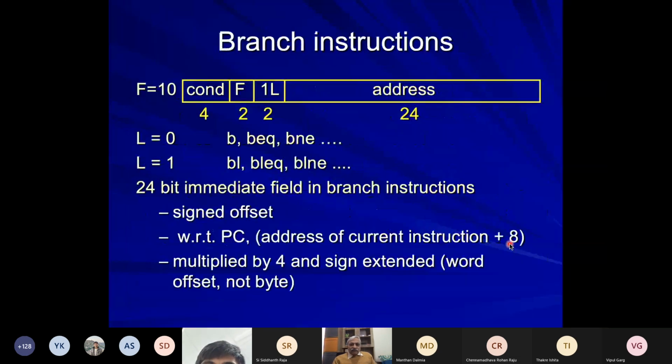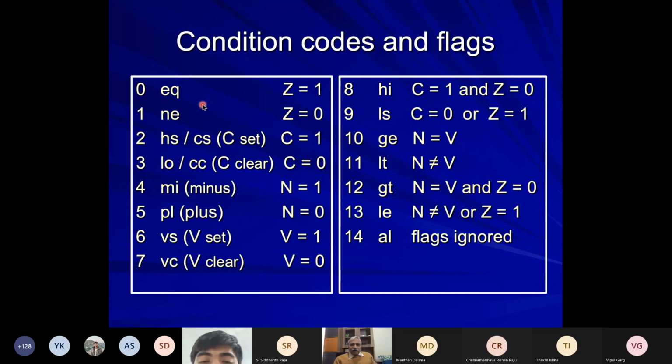Now, all these branch instructions with different condition suffixes, BEQ, BNE, etc., are distinguished by the condition field. It's a 4-bit field, and now coming to this table which I had shown earlier, look at the first column. That is the value of the condition field.